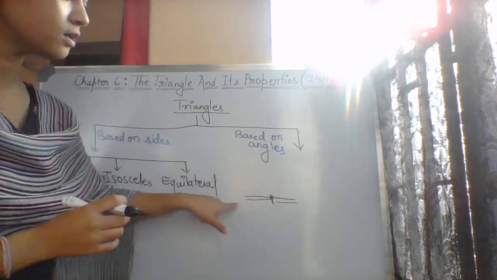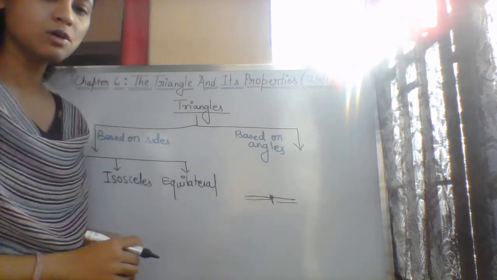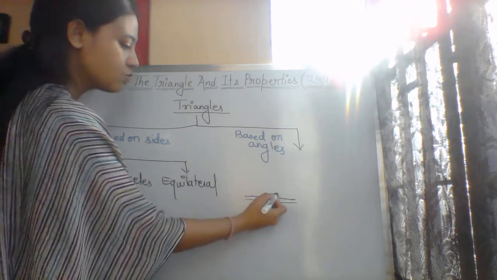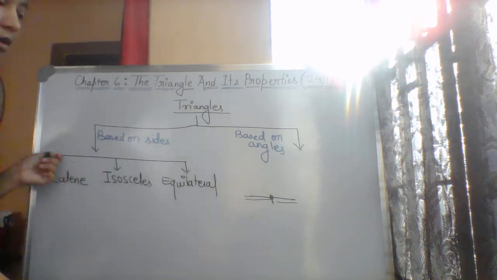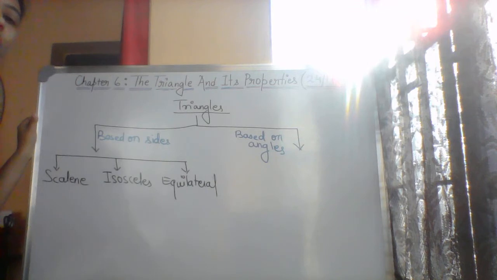Can I join the third side? Then the third side also lies on this line only. So if the angle is 180 degrees, we cannot make a triangle. We can make up to an obtuse angle, but we cannot make a straight angle. A triangle cannot contain a straight angle.